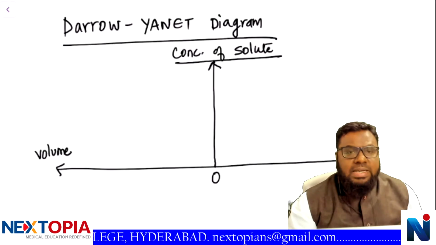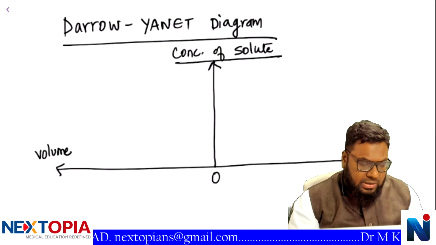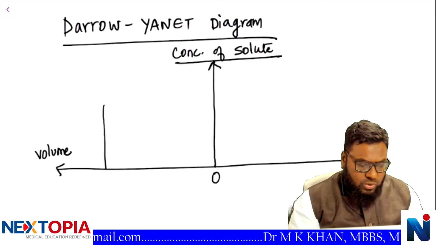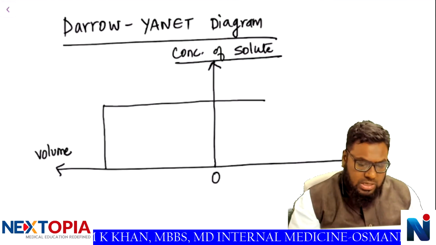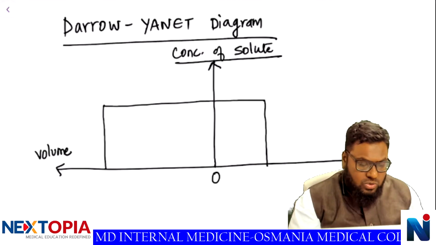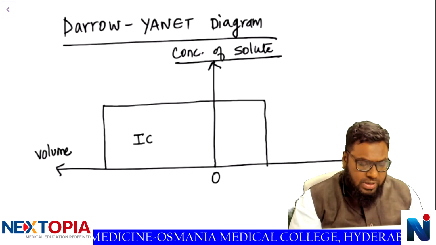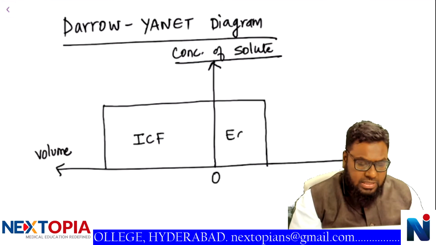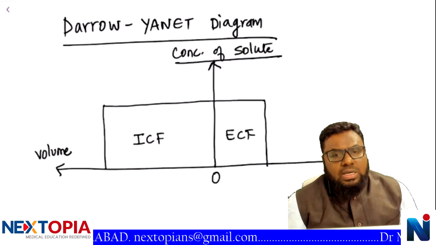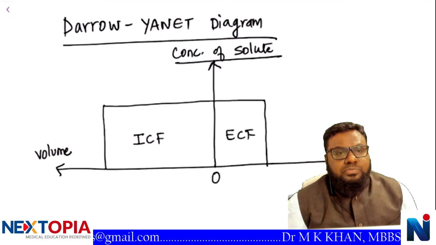Then 2/3 is ECF and 1/3 is ICF. I'm sorry, I told you the opposite: 2/3 is intracellular fluid and 1/3 is the extracellular fluid. Say suppose this is the total body water.